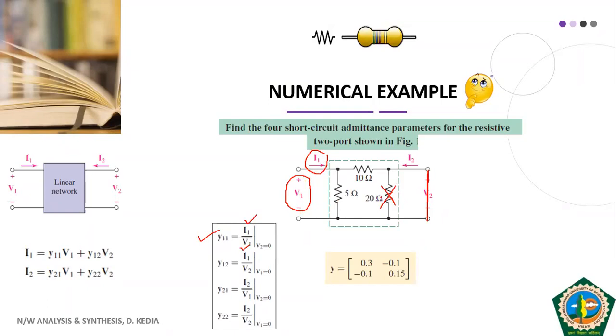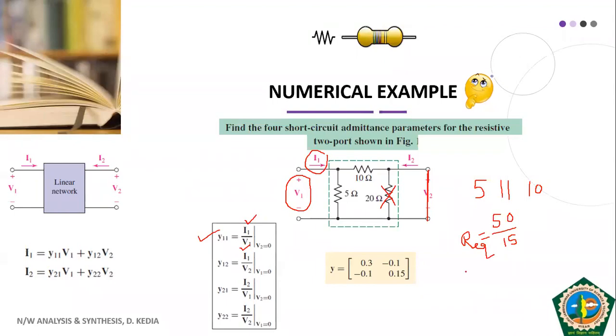V2 is shorted, the 20 ohm is removed, so the 5 ohm resistance and 10 ohm resistance are in parallel. It is very clear, 5 ohm and 10 ohm are in parallel. If you calculate the value of 5 and 10 ohm in parallel, it will give you 50 upon 15. This is the equivalent resistance, R equivalent.